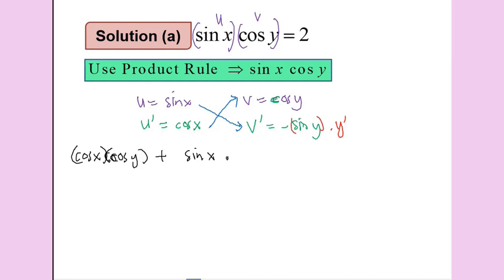Okay, ini times negative y prime sin y. Bawa sini ke depan because aku confuse dengan angle. Okay, buat ni senang cerita. Okay, atau dot. Okay, is equal to differentiate to dapat apa? Siapa tahu?